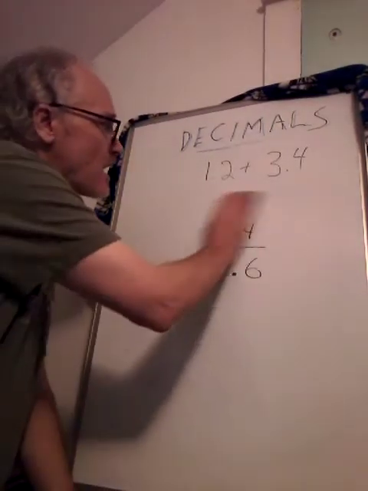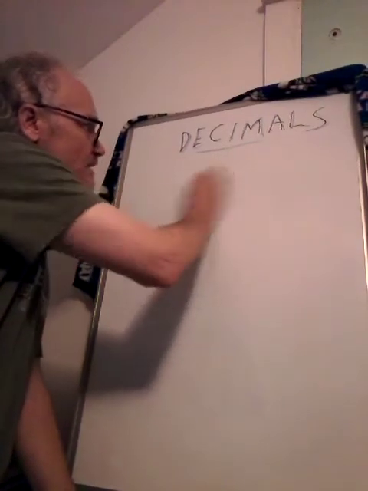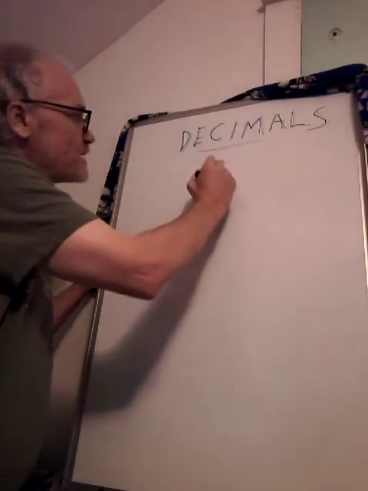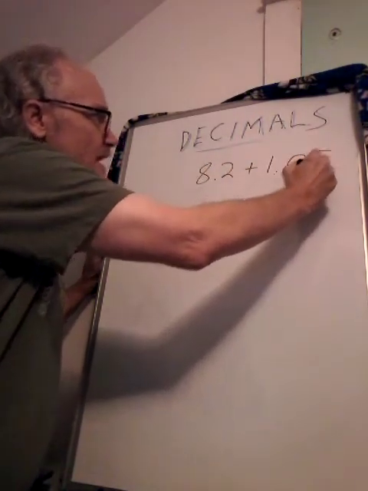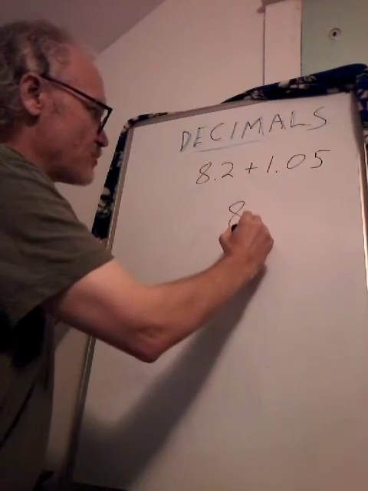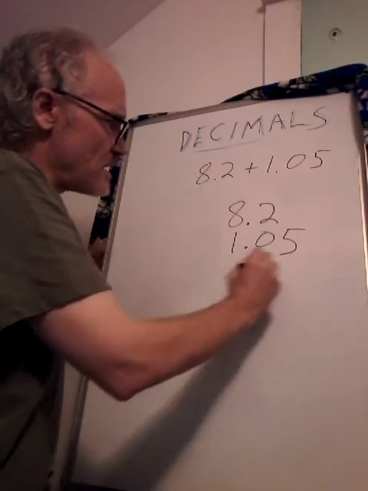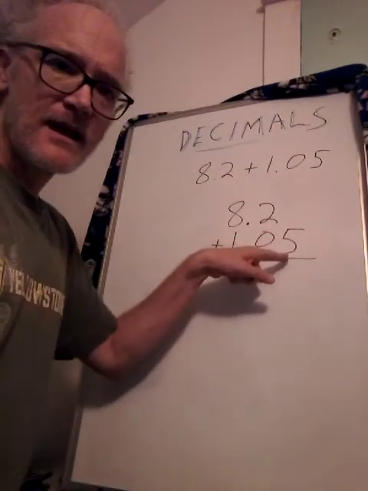If there's a number that has a space, we might have to put a 0. Let me show you what I mean. How about 8.2 plus 1.05? 8.2, and I line up the decimals. Uh-oh. What do I do about this and this? Can I add those together?